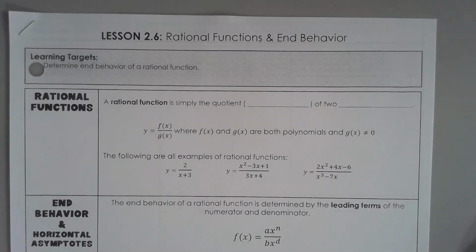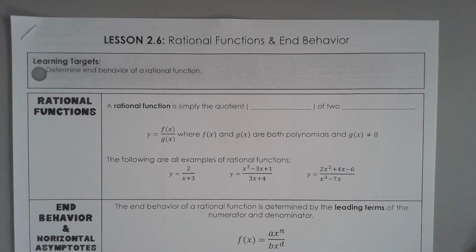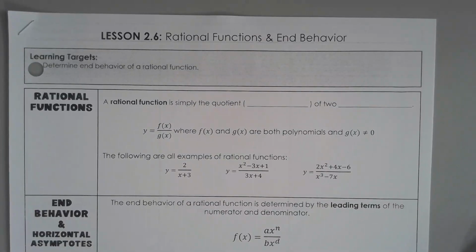All right, so 2.6, we're getting into what are called rational functions, and we're going to focus on end behavior today. So a rational function is basically the quotient. Quotient means divide.